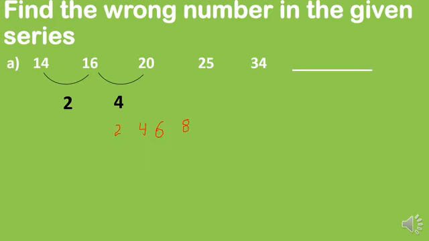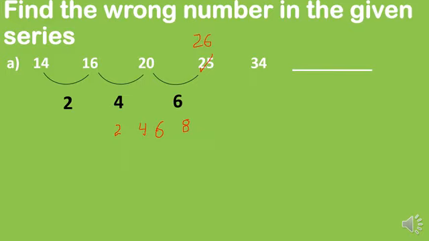Okay. So here is 4, so next should be 6. But there is 25 given, because the 6 number of difference gave us 26. It should be 26 over there, but 25 is given.